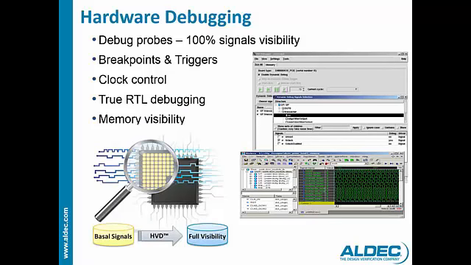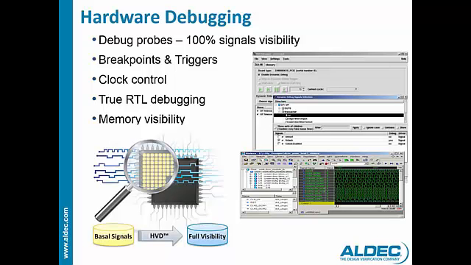Breakpoints and triggers: the difference is that breakpoints stop the emulator when some event happens, whereas triggers are used for sampling debug probes. Clock control allows the emulator to be frozen or moved on step by step, or by a specific number of clock cycles.